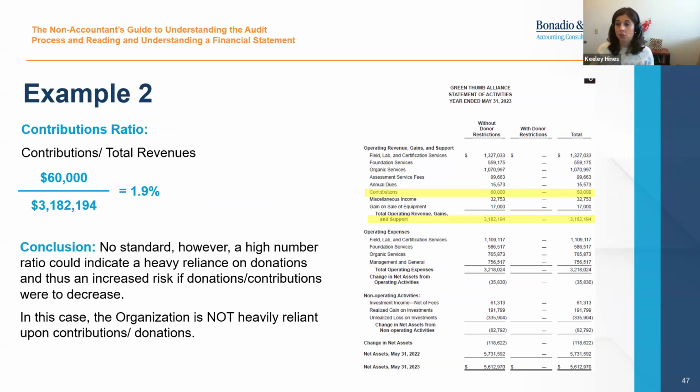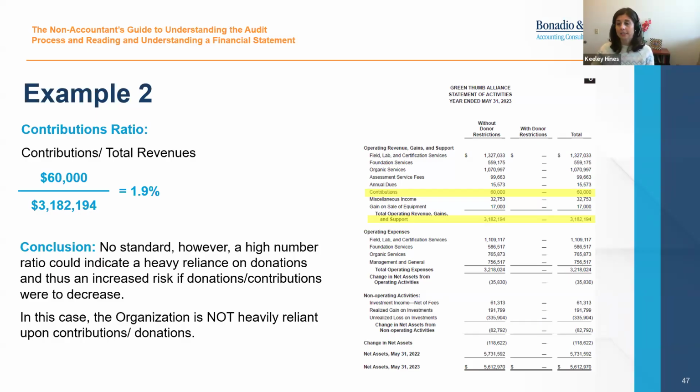And then this one is kind of nice too. This is a contributions ratio. So it's looking at how much of your funding is reliant on contributions. In this case of this organization, it's very little. The risk that can be involved is that if economically and socially things are changing and maybe ad hoc contributions and donations drop at a given point, if you are really reliant on those dollars, that could significantly derail your ability to meet your obligations.